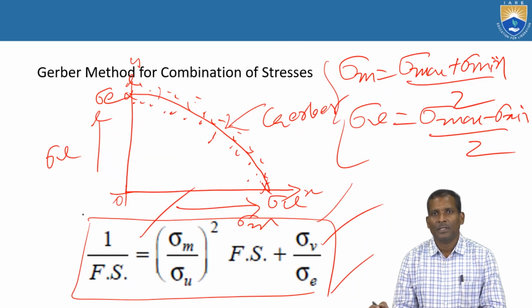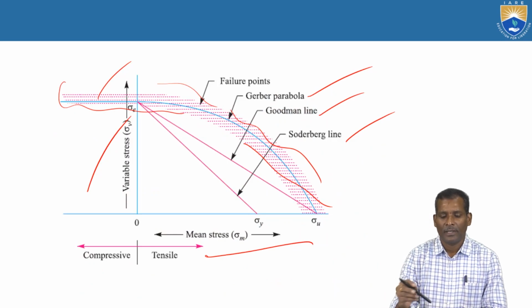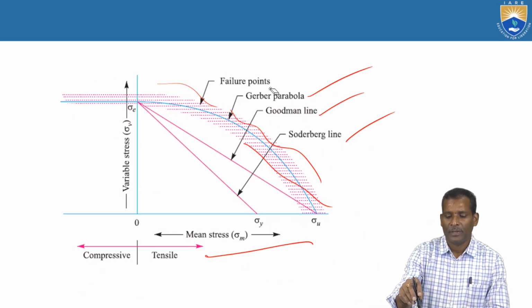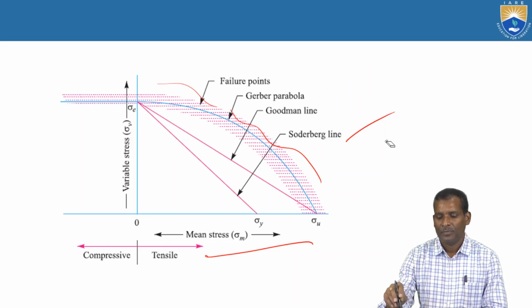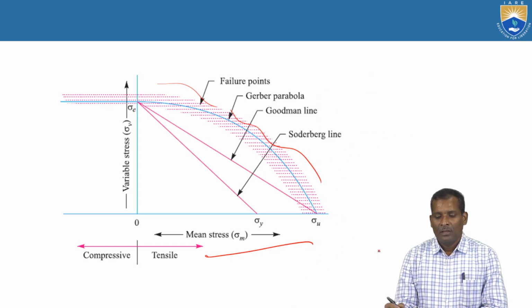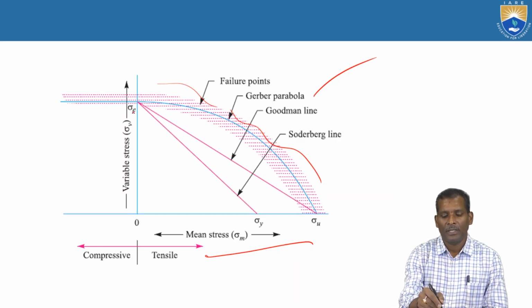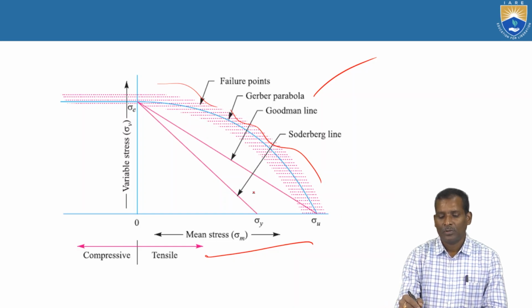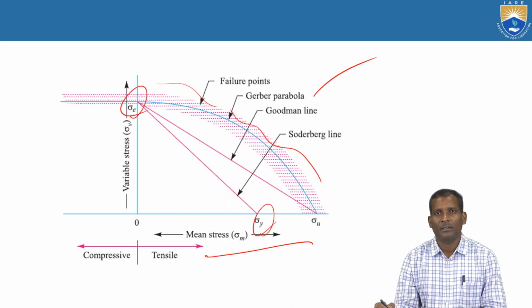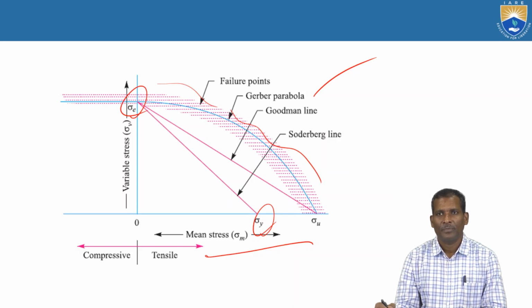Now, once again, we will see the total diagram, the combination of all these methods shown here. The Gerber parabola is the curve drawn between sigma e and sigma u. The Soderberg line is drawn between yield stress and endurance limit stress.